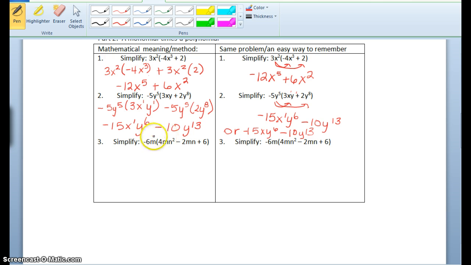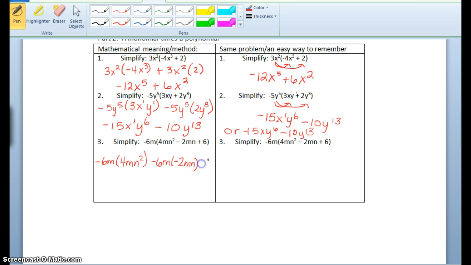All right, here's our final example. Once again, we're going to take the monomial on the outside. We're going to multiply it times each term on the inside. So we're going to write it out here. We're going to have negative 6m times 4mn squared. Then we're going to have negative 6m times negative 2mn.